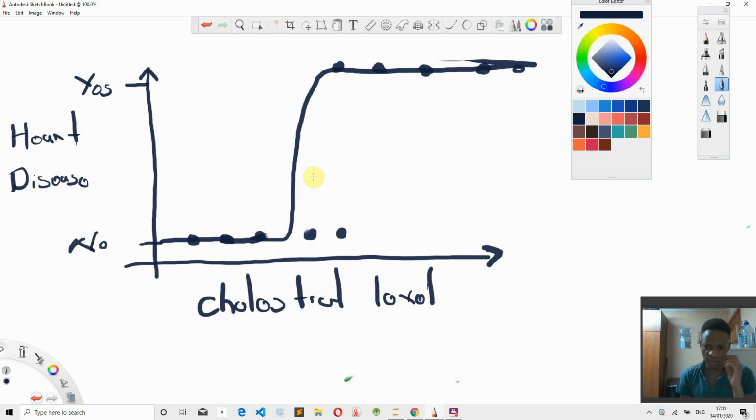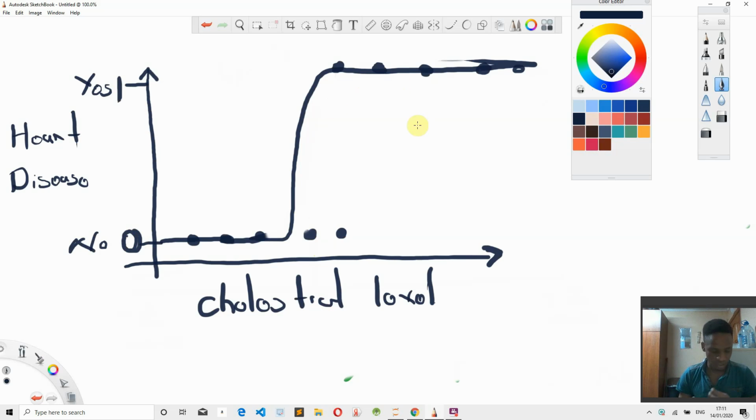The logistic function is S-shaped, and this curve also tells us the probability of someone having heart disease based on their cholesterol level. These are the probabilities, and they range from 0 up to 1.